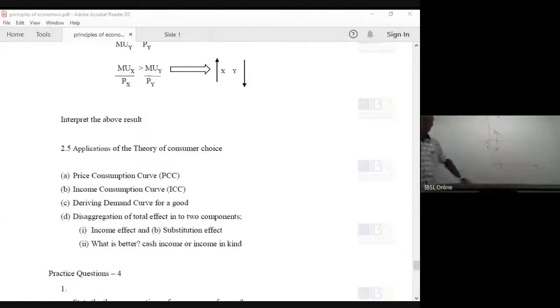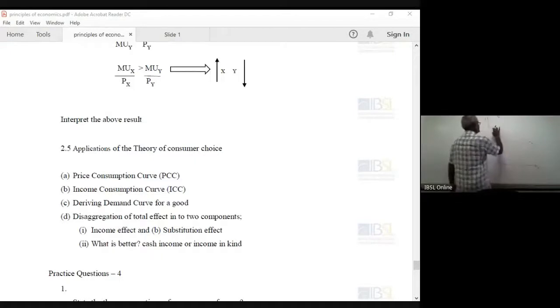Now, we'll assume the price of X decreases. When the price of X decreases, other factors are constant: price of Y constant, income constant, only the price of X decreases. Then what will happen? The budget line rotates.